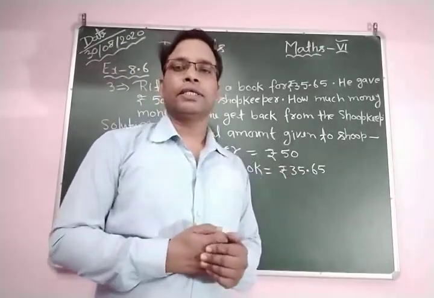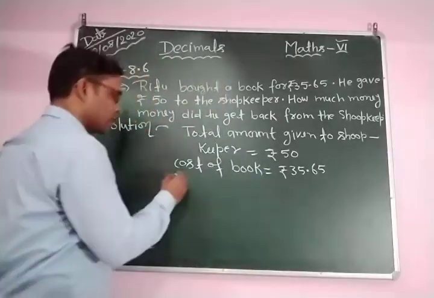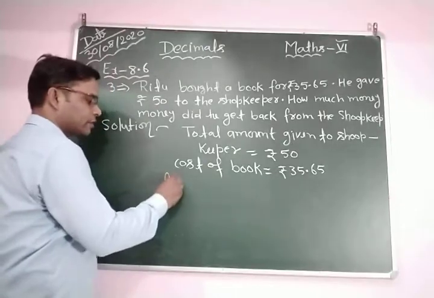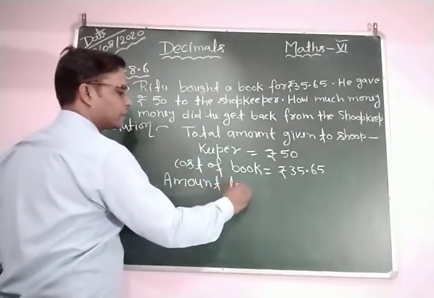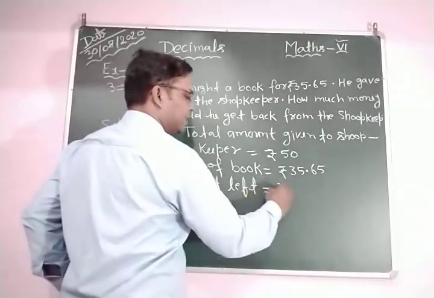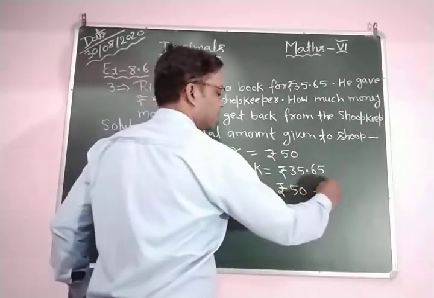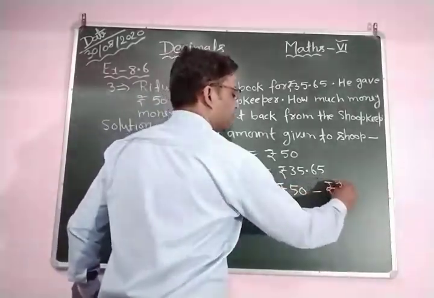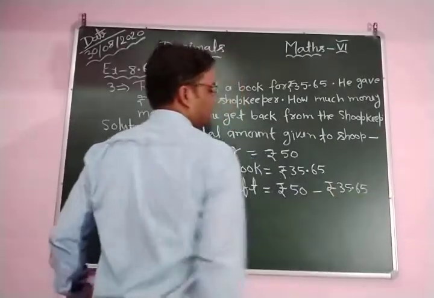So the next step is amount left. Amount left is equal to, you can write here, rupees 50 minus rupees 35.65.